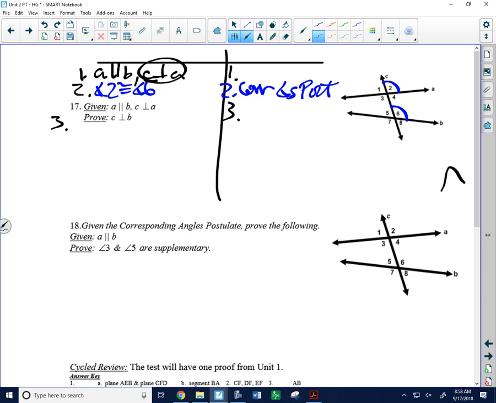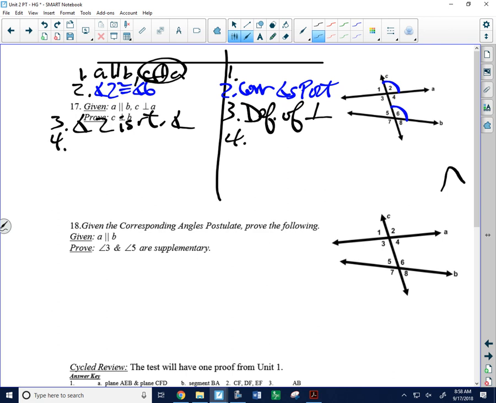C is perpendicular to A. Perpendicular means intersects to form right angles. So I can choose any of 1, 2, 3, and 4 as right angles. The only one I really need though is 2. So I'll put angle 2 as a right angle. That was just a vocab word, definition of perpendicular.